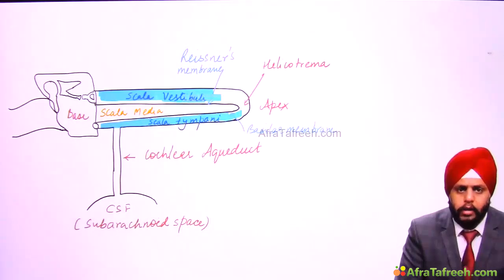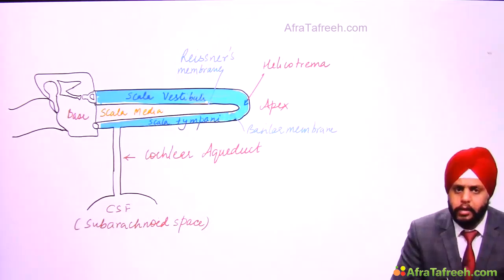Right? Okay, so you can see over here an unspiraled version of the cochlea. Right, the scala vestibuli, the scala media and scala tympani, and scala vestibuli and scala tympani, you can see over here, they both communicate with each other at the apex, that's known as helicotrema.